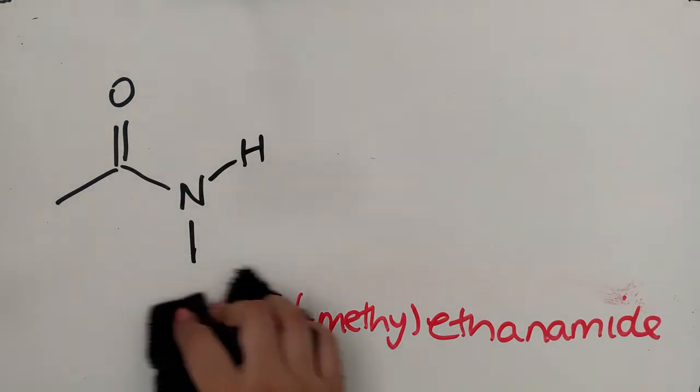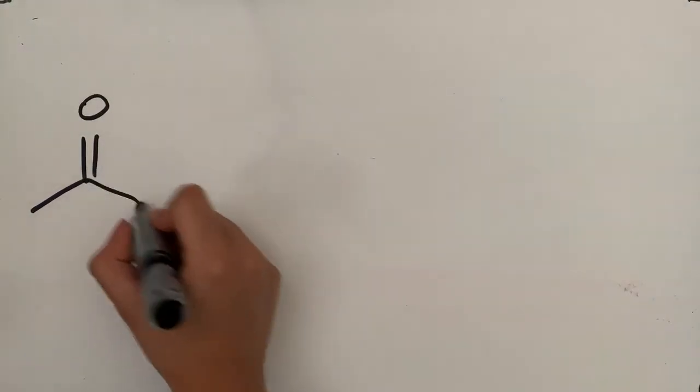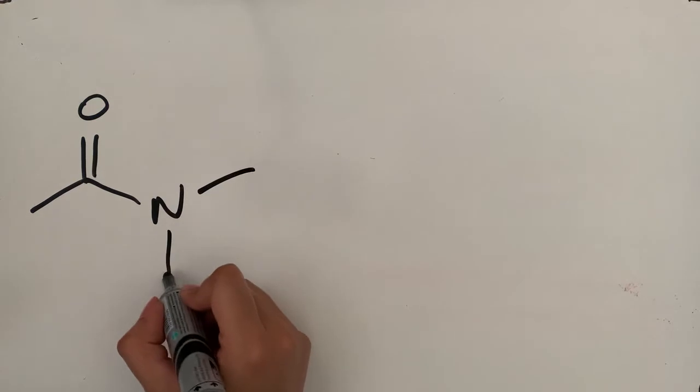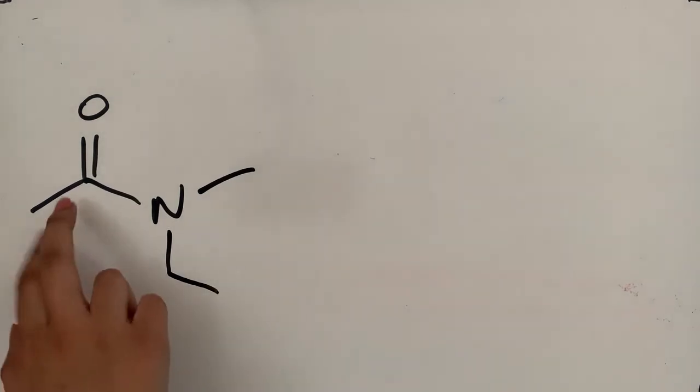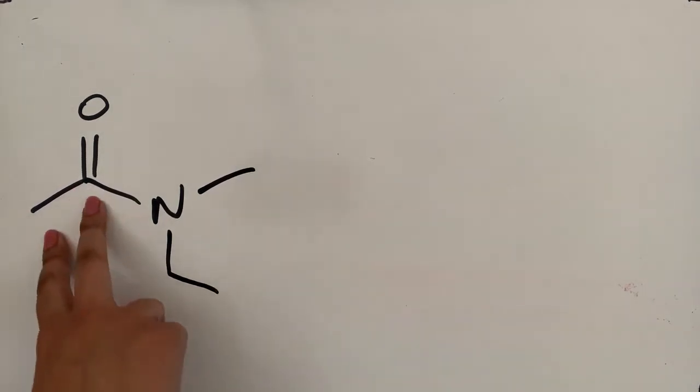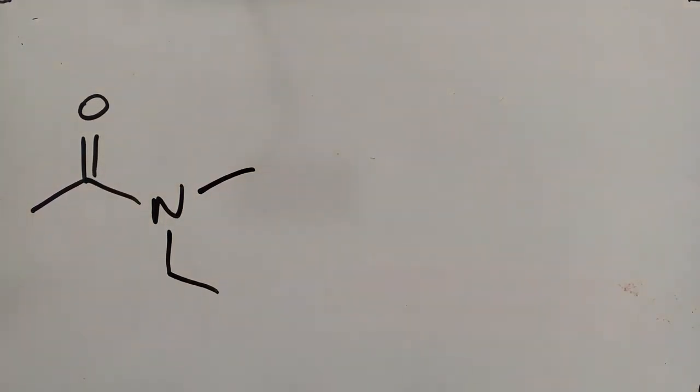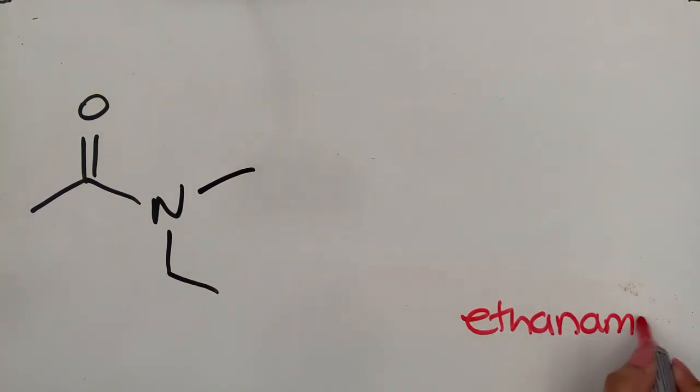And if we now have a tertiary amide, I'm just going to stick with the same groups, similar to that. So now we have a tertiary amide, again, longest carbon chain, that's next to the carbonyl. Again, I've just gone for ethanamide, so it's going to end in ethanamide.